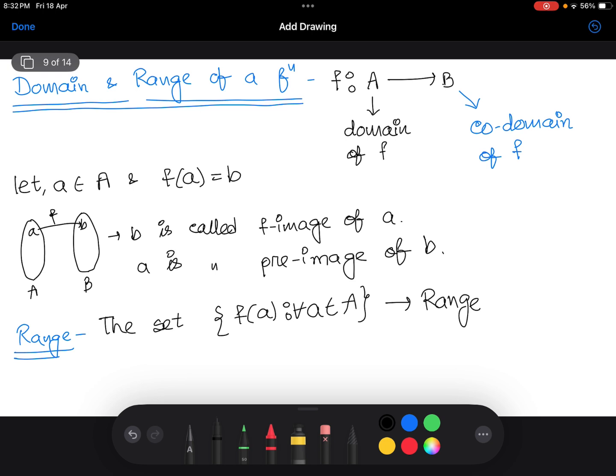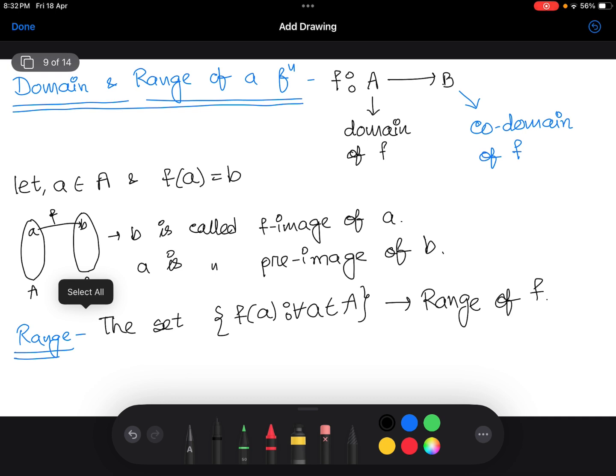So the set f(a) such that for all a belongs to A means what? For every element in A, the value to which the mapping f assigns it.